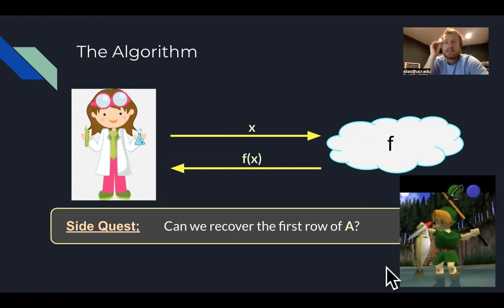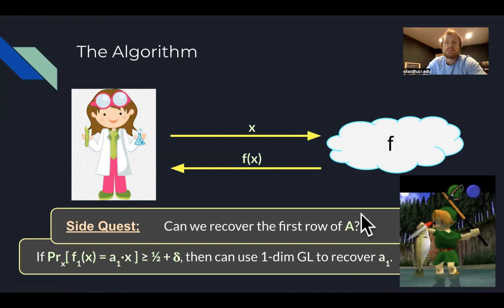Before continuing, we're going to need a tool, which I'm going to call a side quest, and it's this question. Forget recovering the entire matrix A. Can we recover just a row of A, like the first row of A? And it turns out that this is something we can make progress on just using the original Goldreich-Levin theorem.